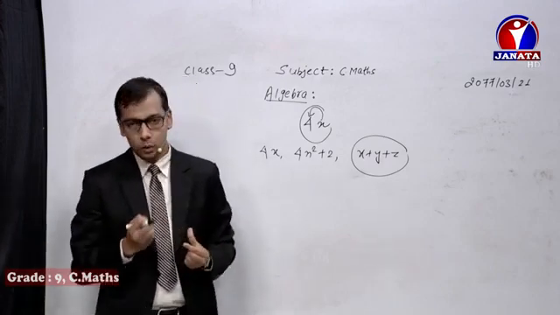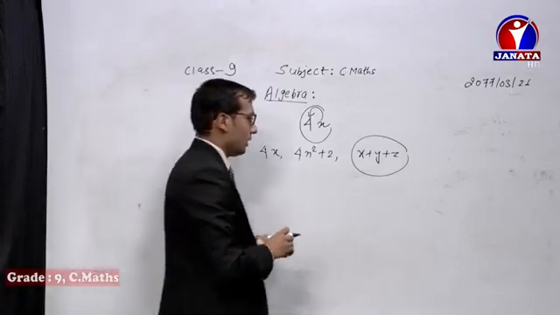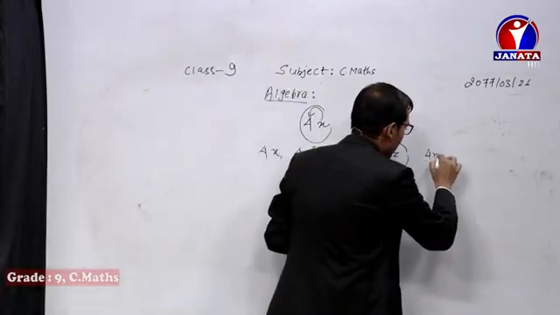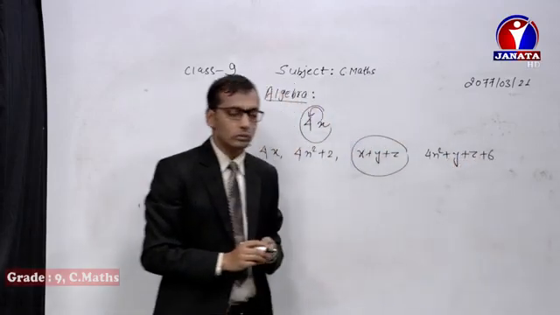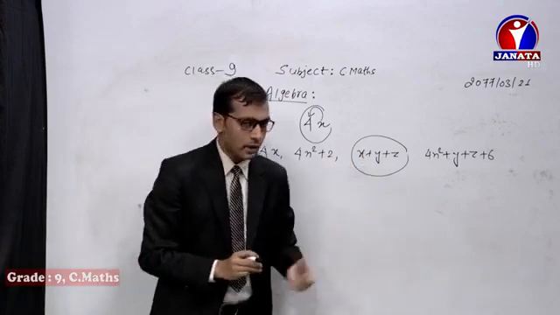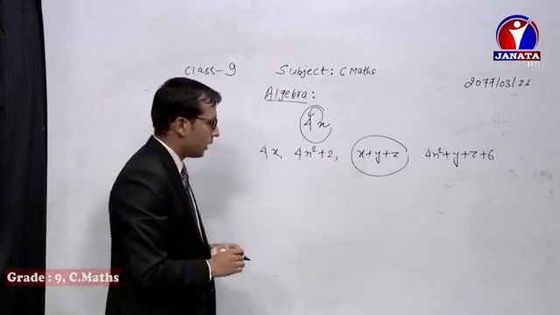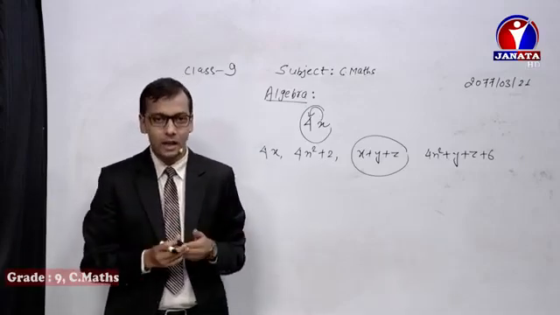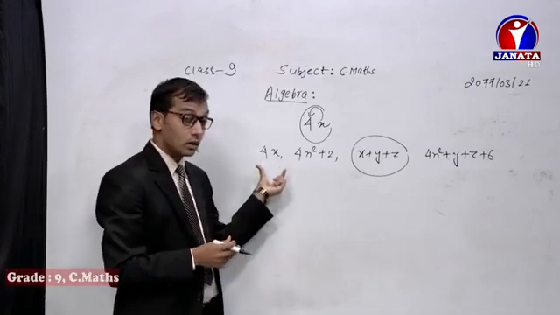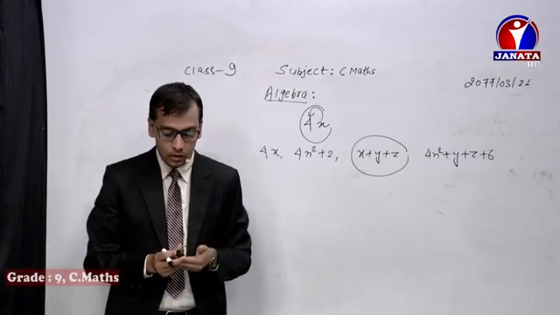If there are four or more terms, we simply say polynomial. Like 4x square plus y plus z plus 6. There are four terms and we simply say this is a polynomial. So the terms we use in algebra are: variable, coefficient, constant terms, and polynomials.